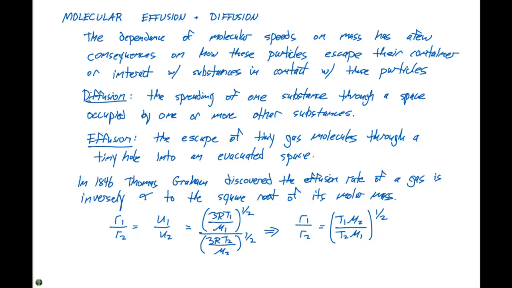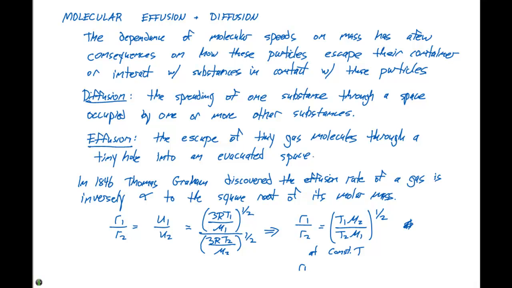A simplification that we can make here is if we have constant temperature, T1 and T2 are going to be the same amount, so they're going to cancel out.